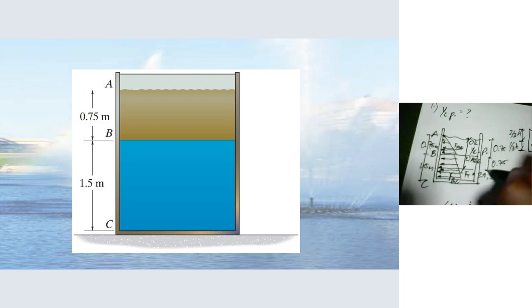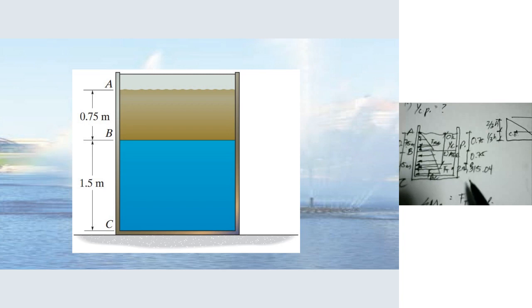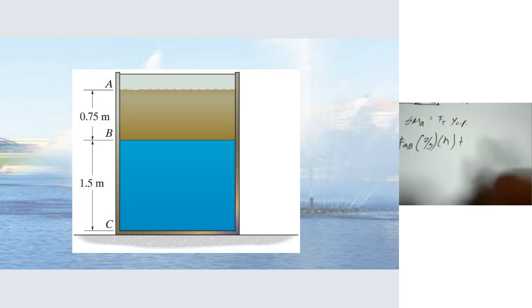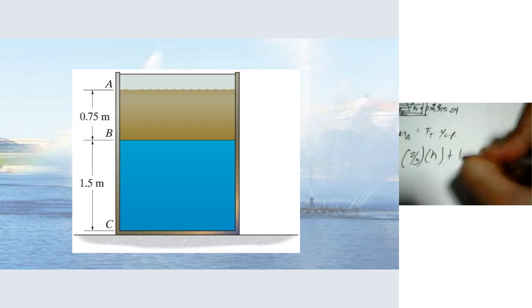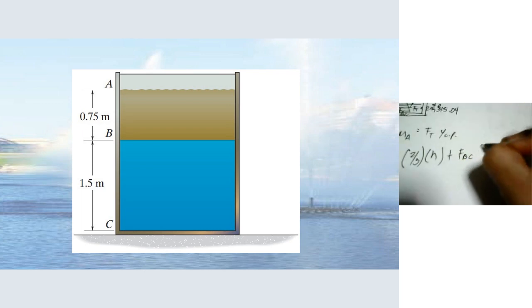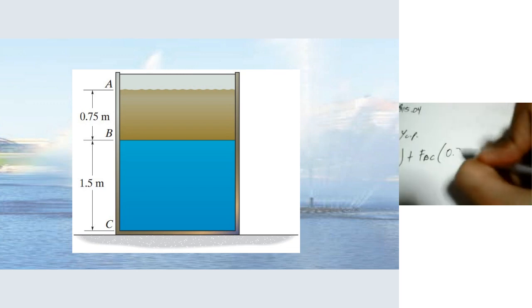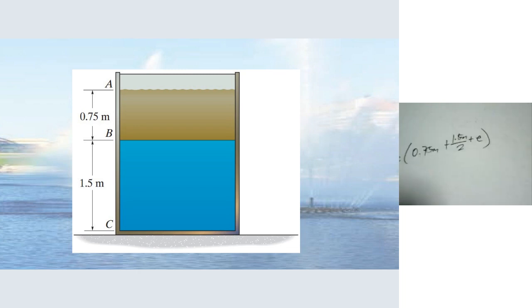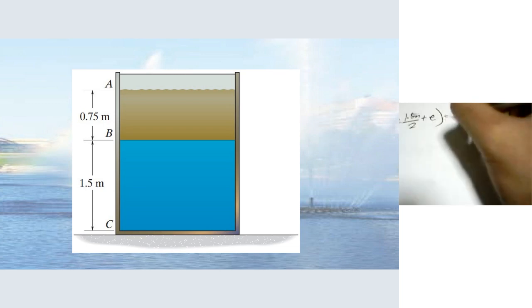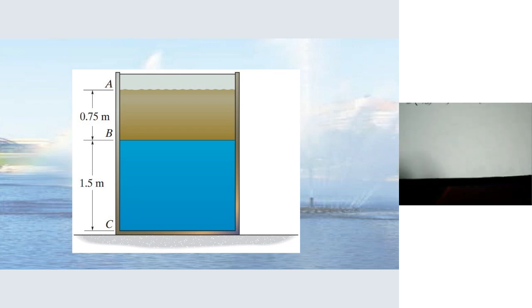And then we add eccentricity. So this will be plus F sub BC times 0.75 meter times 1.5 over 2 plus E. Okay? And this is equal to F sub T Y sub CP. So this is our equation.